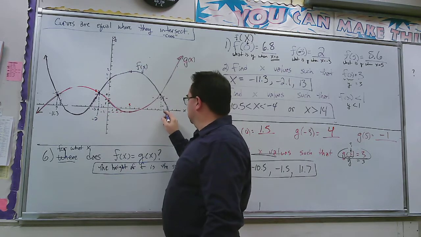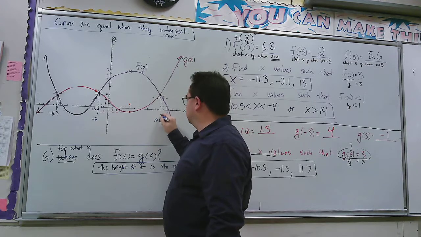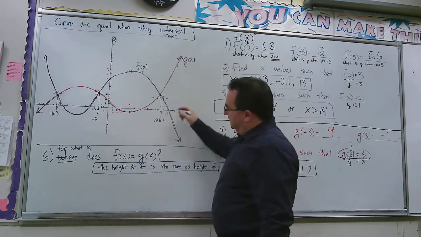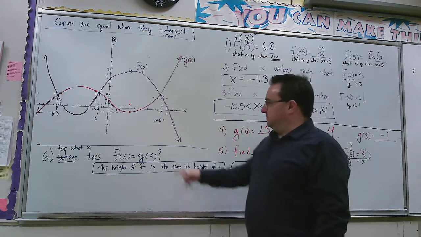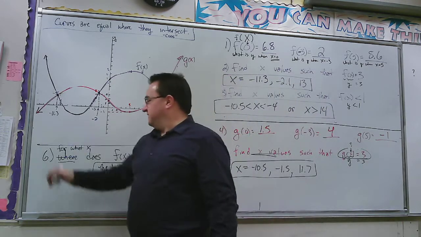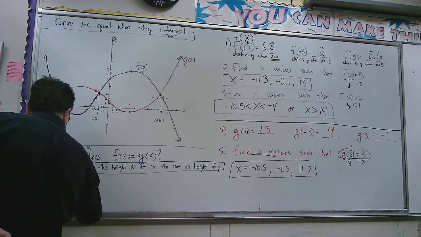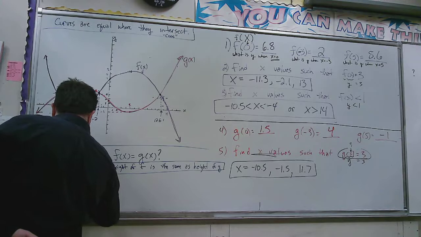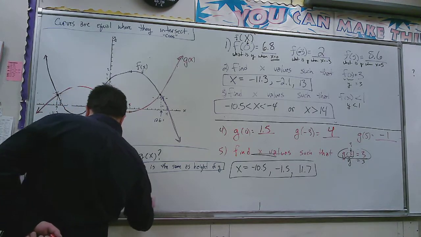And if that was 14, that's 13 and 12. So let's say 12.6. Right? If you say 12.5 or 12.7, that's fine. But these are reasonable x values. So where is this true? X equals -11.3, x equals -2, or x equals 12.6.